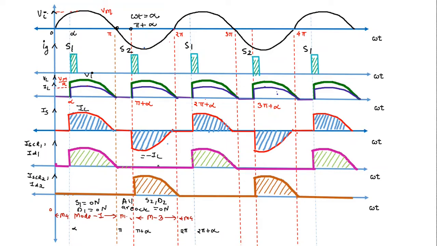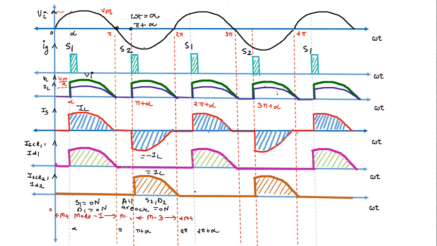Now we will take SCR current and diode currents. Since SCR1 and diode D1 are off, the current will be 0 in this mode for these devices, and since SCR2 and D2 are conducting, the currents will be equal to load current. So whatever the waveform of the load current, it will come through SCR2 and D2 also.